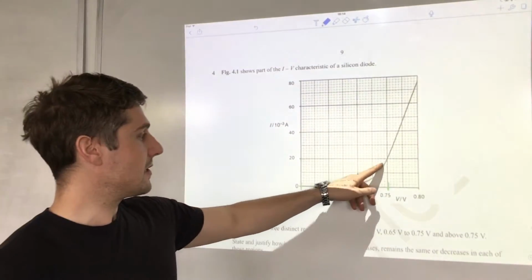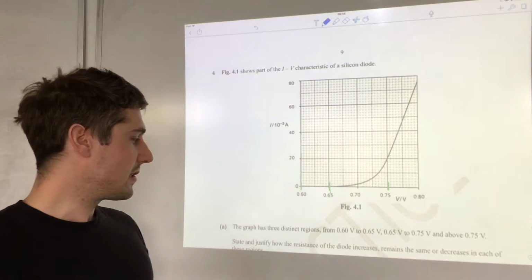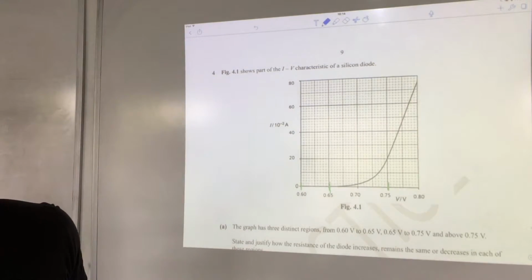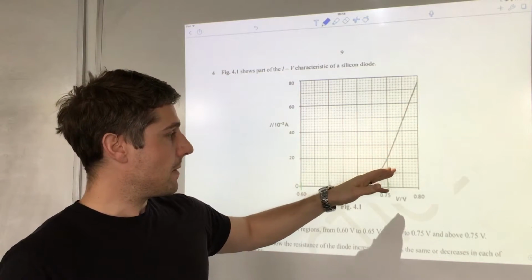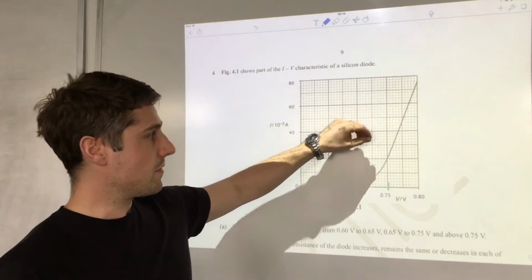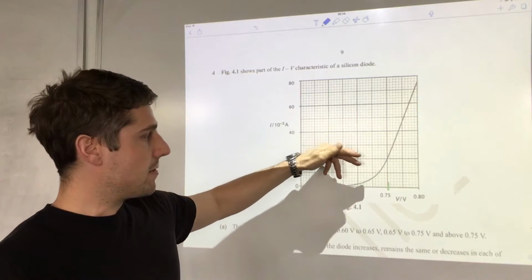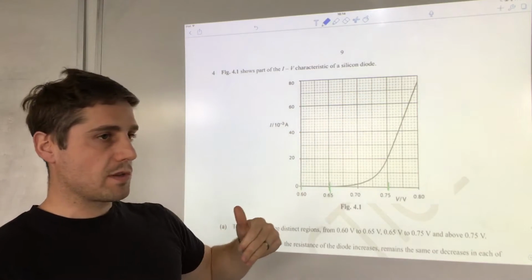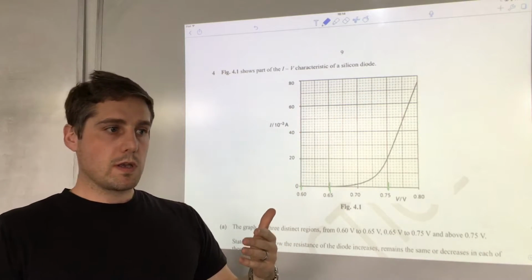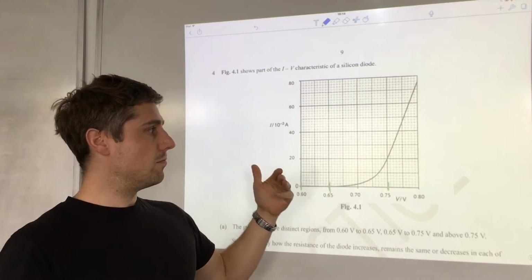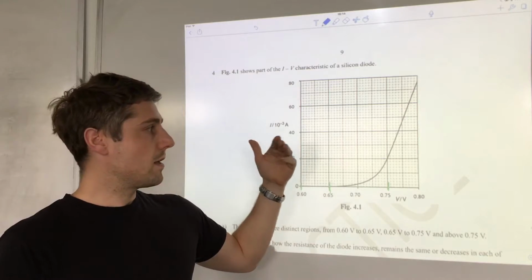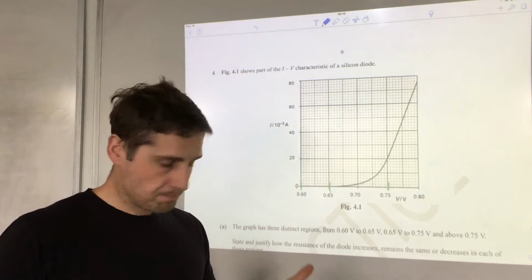Well, the resistance continues to decrease, and we can say it decreases to a very low value, as indicated by the steepness of the graph here. I'm not looking at the gradient, but just appreciate that the steepness tells me that the current increases much more significantly compared to the voltage. So that's what I'll say for that.